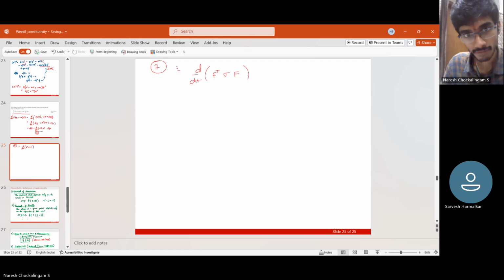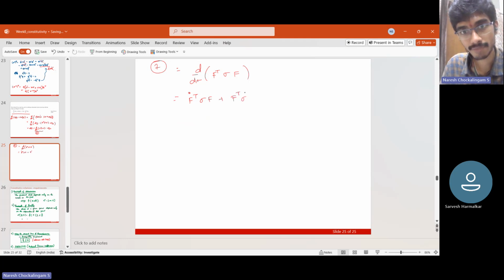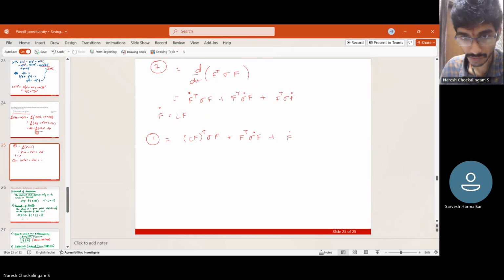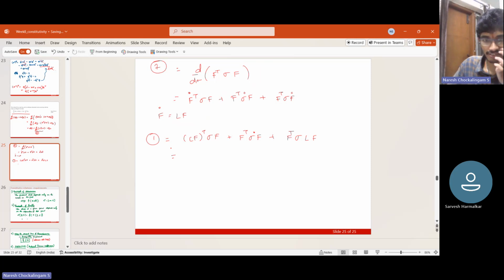So I use the product rule. So you get F dot transpose sigma F plus F transpose sigma dot F plus F transpose sigma F dot, and use the relation F dot is equal to LF. What do we get? 1 is equal to LF transpose sigma F plus F transpose sigma dot F plus F transpose sigma LF. Now proceed further.